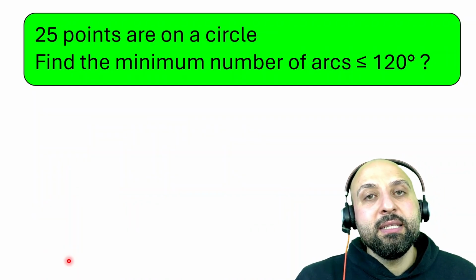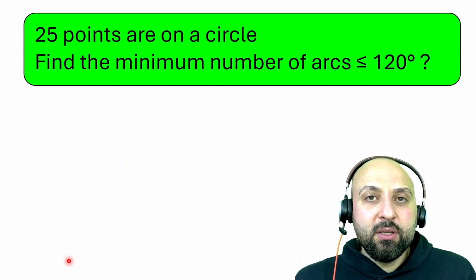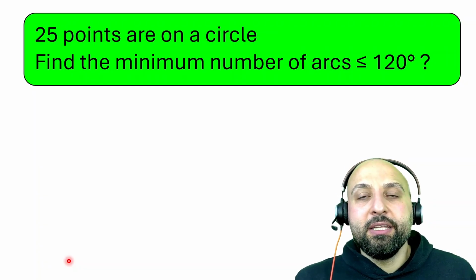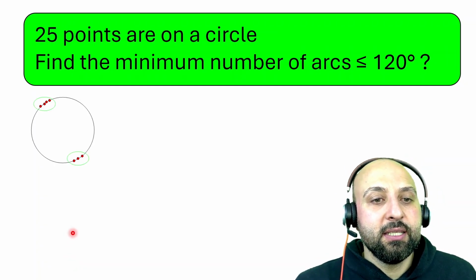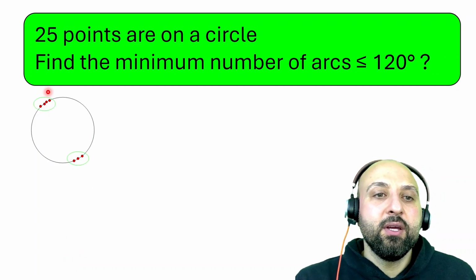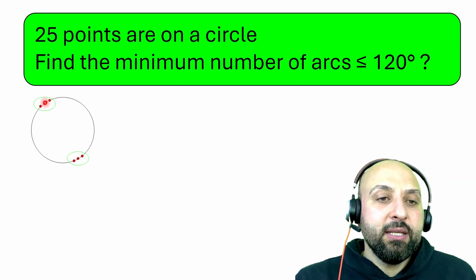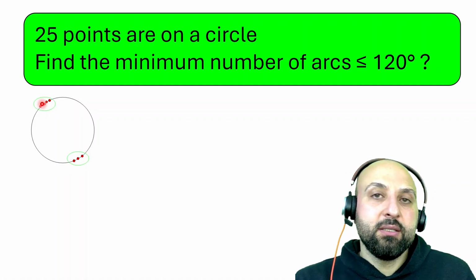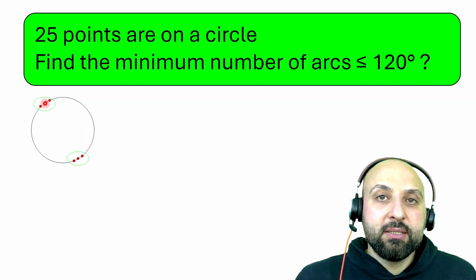In this case, I decided to put some of the points in one location and the rest in another location opposite to those initial points. For example, 12 points here and 13 points here, so totally 25 points. Each pair of points located in the same corner creates an arc equal or less than 120 degrees.